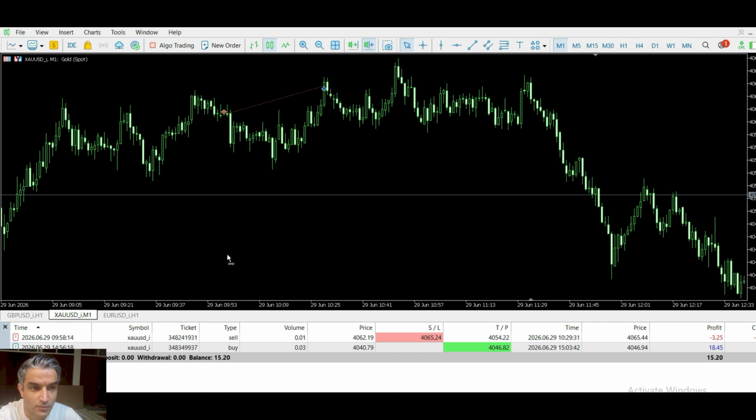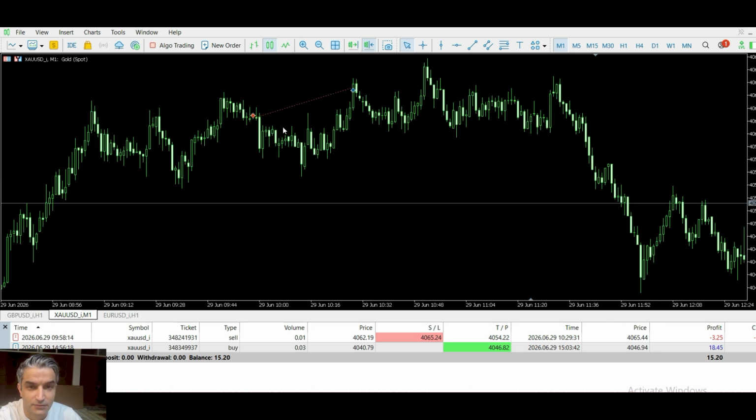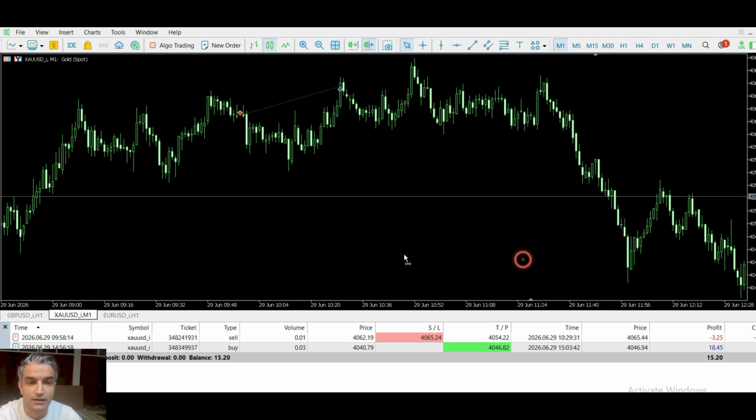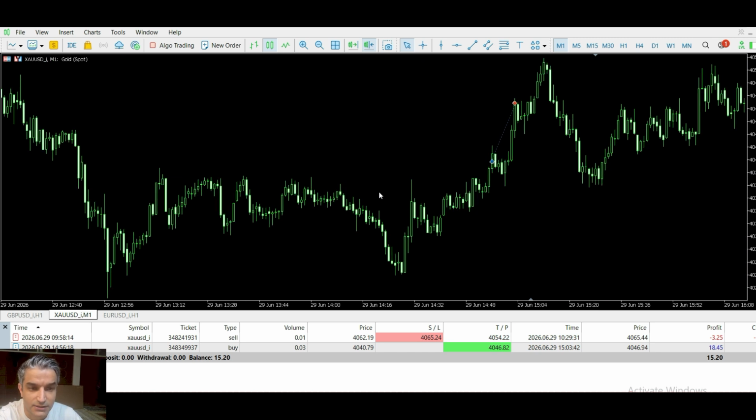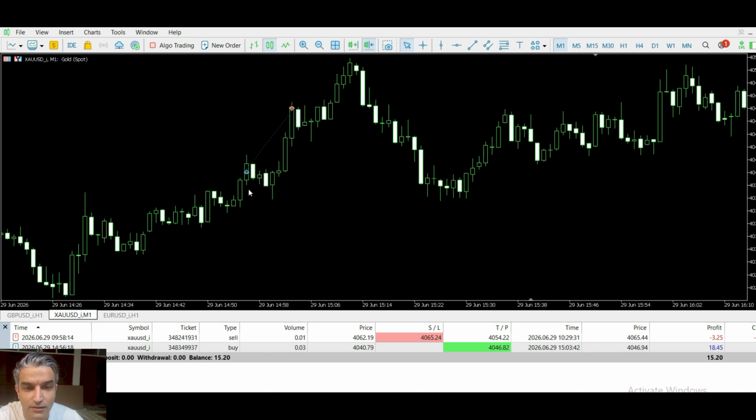If I zoom out, as you see, after that price goes down based on my analysis, and my second entry was here. As you see, this is my second entry. I entered the market with a buy position.